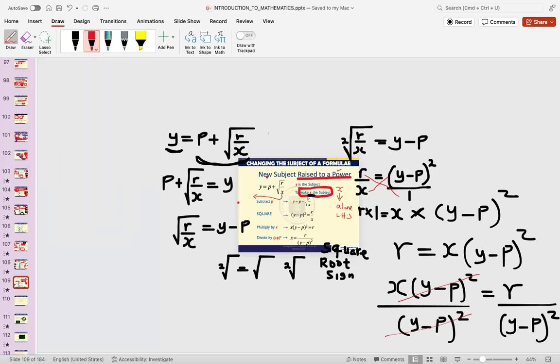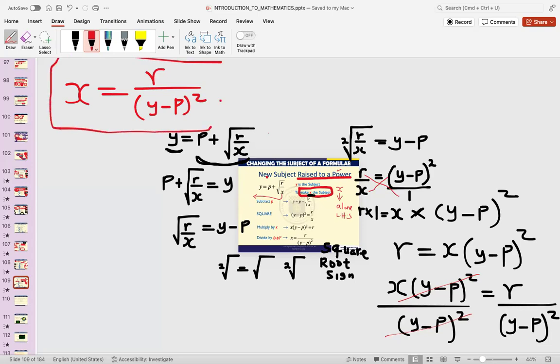So for x to stand alone, we have x finally is equal to r divided by y minus p all squared as our final answer. So it means that x finally will be equal to r divided by y minus p all squared.